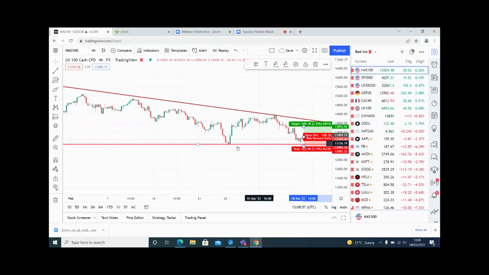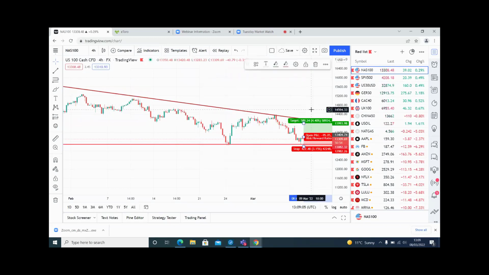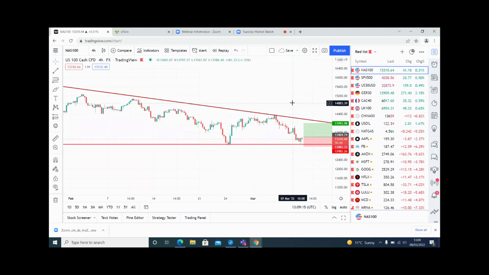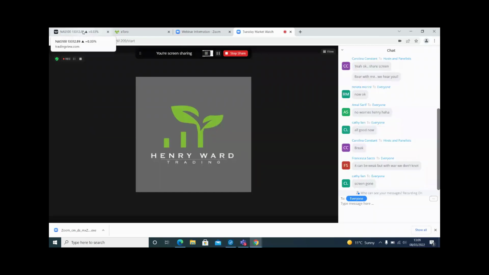Now, I have it just below this one here. Depending on where it goes, you'd want it to come back into, say, this area. And this is risking 3.3%, and you'd be looking for a 4.4% return. So is that something you guys would be interested in, yes or no? Yeah, because I've come back to read the chat that you guys have said.